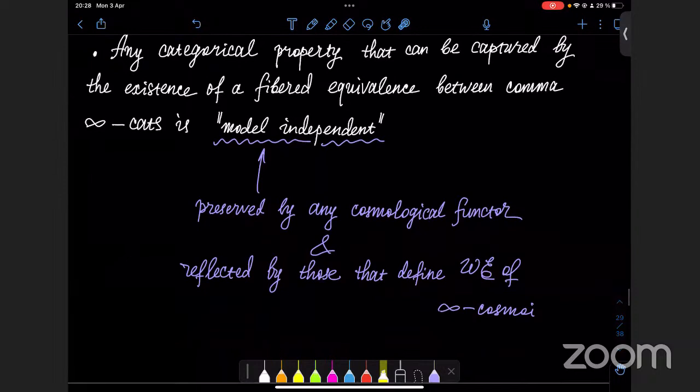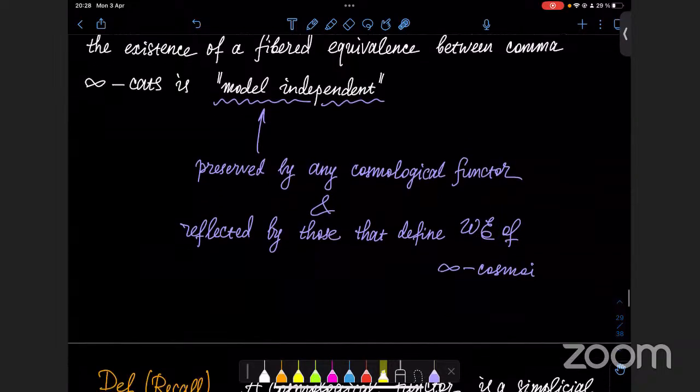Model independent means that the property is preserved by any cosmological functor, and reflected by those that define weak equivalences of infinity cosmoi.